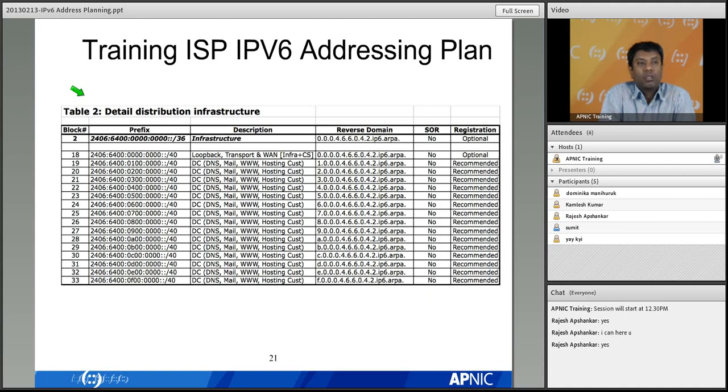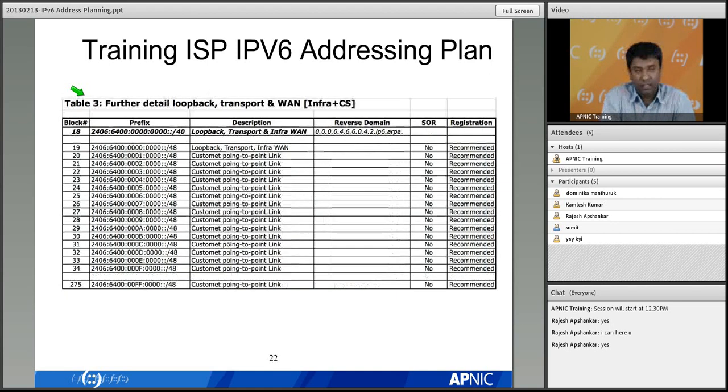The first /40 goes for the loopback, transport, and point-to-point link, and that point-to-point link includes infrastructure and customer side. Then we have the second /40 that goes for the data center for public hosting, and for each customer that you have, you can give a /48 or /56. It's virtual hosting, right? So that's according to your plan. So you have enough addresses to cater to a huge number of public hosting customers in the data center.